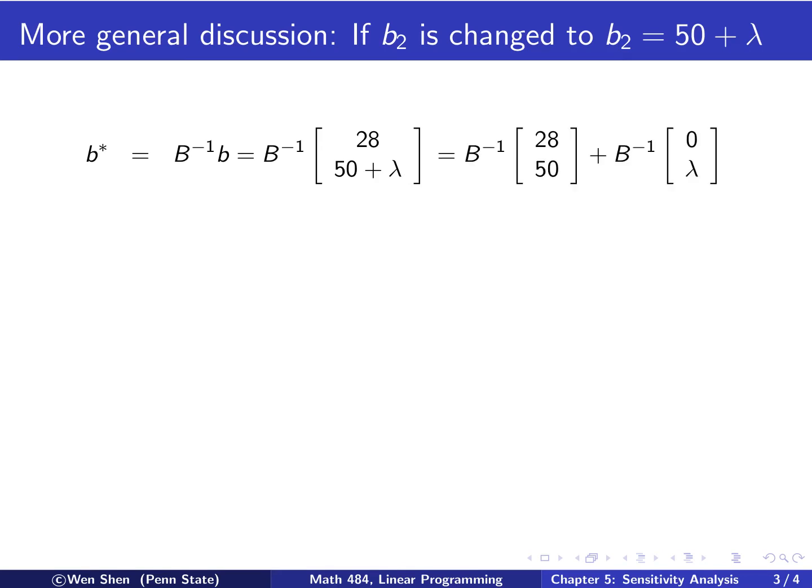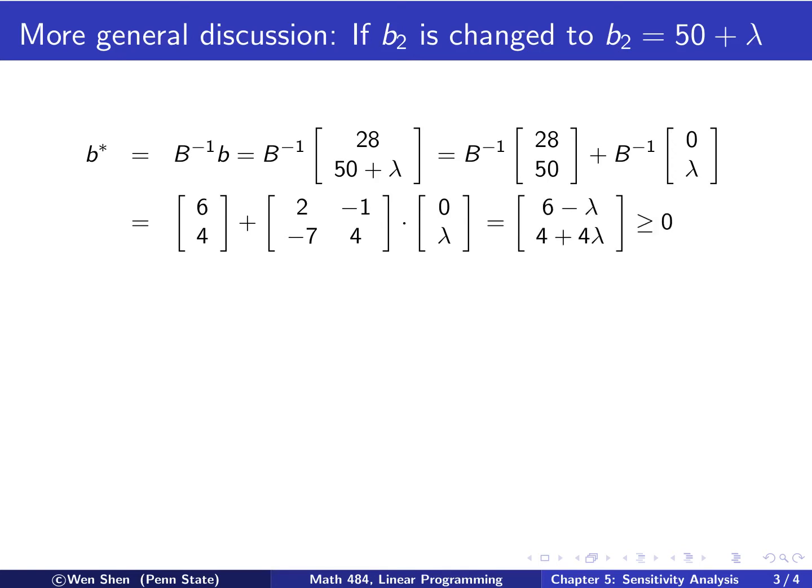Then we can break this vector into 2, into this vector plus this vector, and we multiply the B inverse in front. The first part will be the previous value in the tableau, and for the second part, let's write out B inverse times 0 and lambda, and work it out.